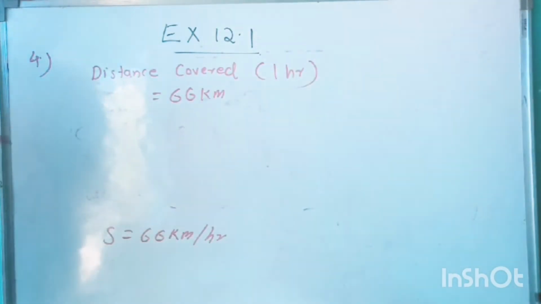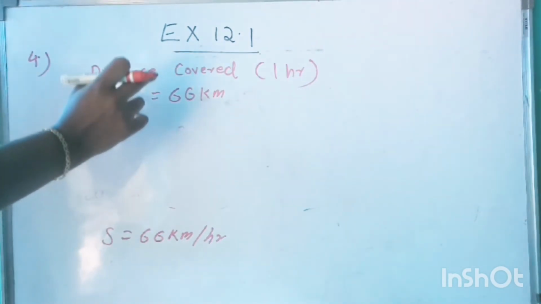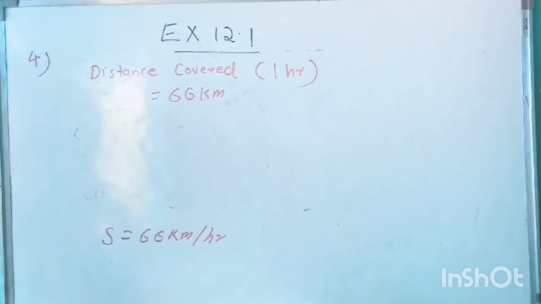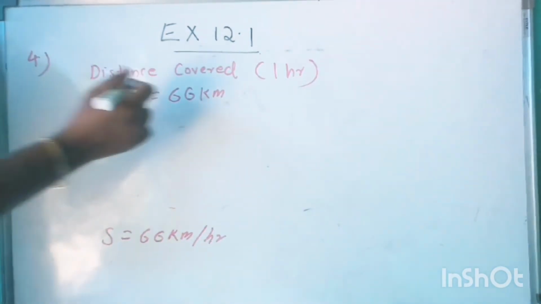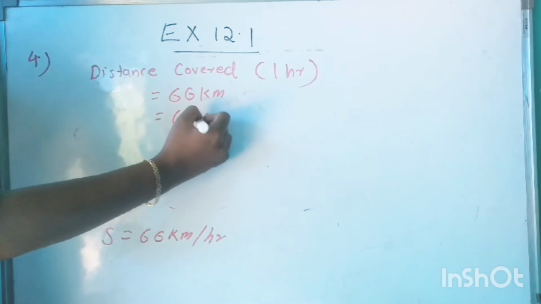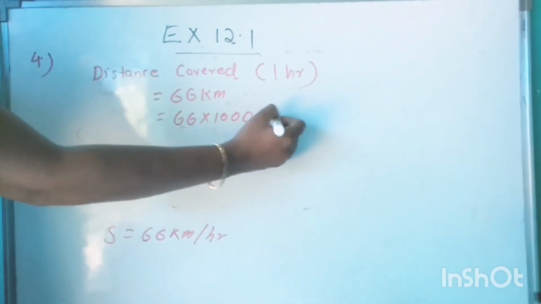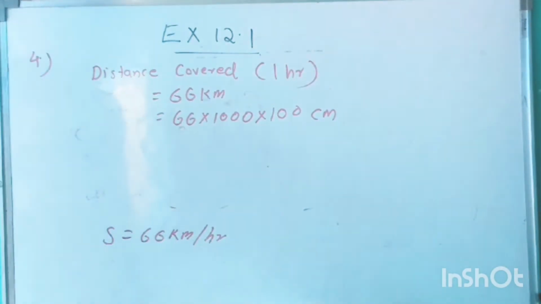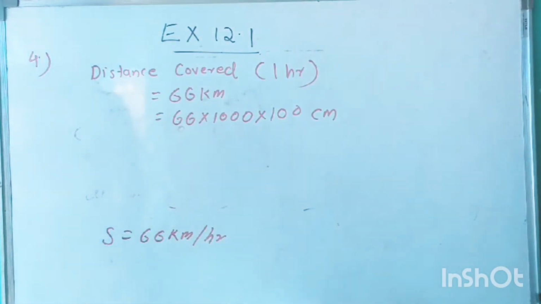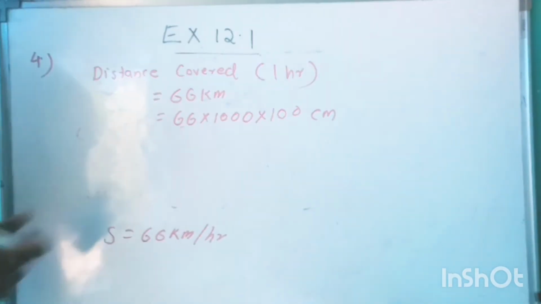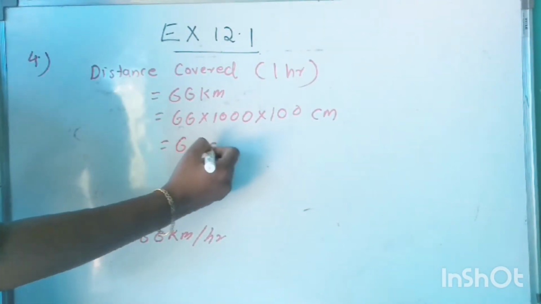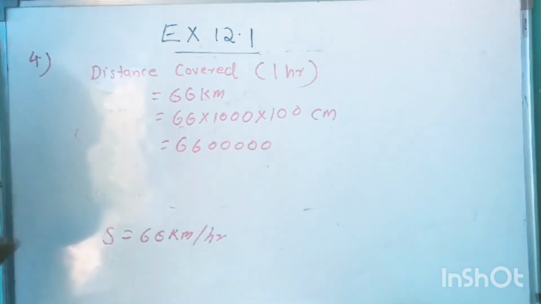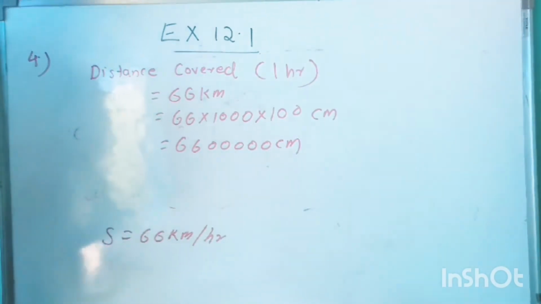66 kilometer per hour means in 1 hour that wheel completes the distance 66 kilometer. Okay. Then 66 kilometer is equal to 66 into 1000 into 100 centimeter, that is 66 and 5 zeros centimeter.